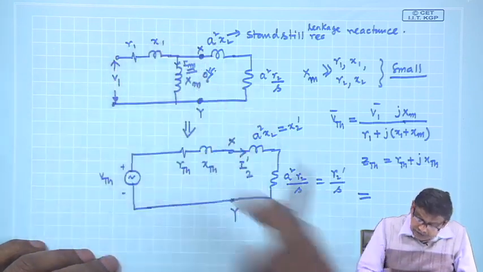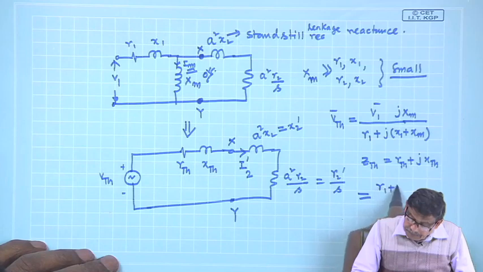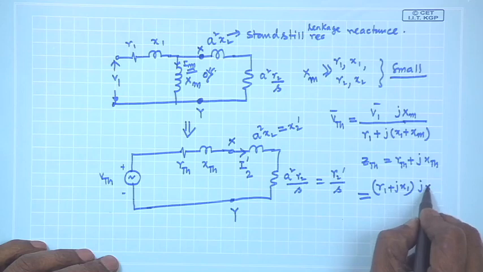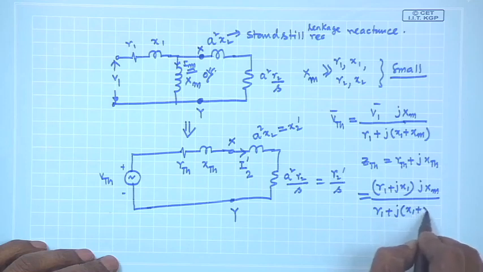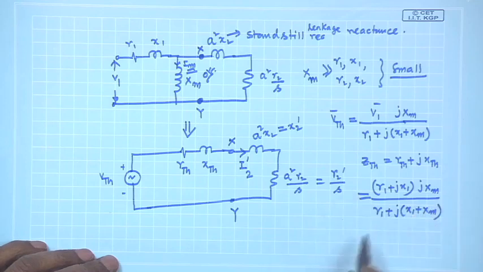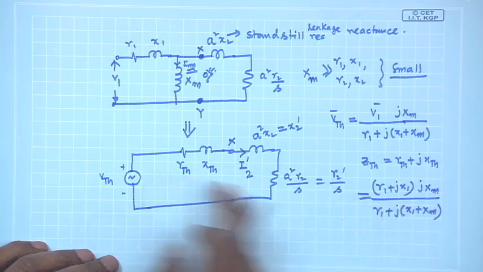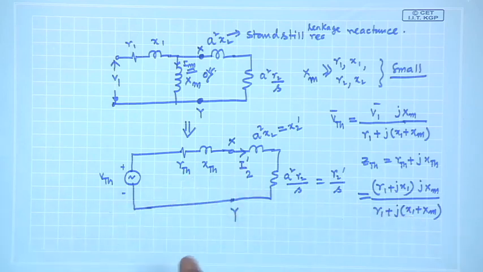So, (R1 plus jX1) into jXM divided by R1 plus j(X1 plus XM). This will be Z Thevenin. The real part is R Thevenin, the imaginary part is X Thevenin.